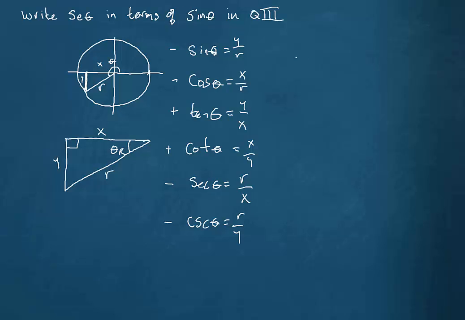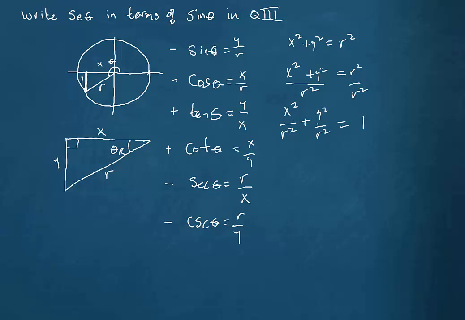Now, let's think about some things here. We know from the Pythagorean theorem that x squared plus y squared would be equal to r squared. Now, if we were to divide both sides by r squared, here's what we would have. We would have x squared over r squared plus y squared over r squared equal to 1.